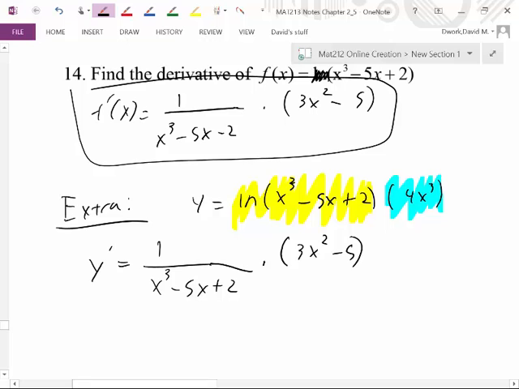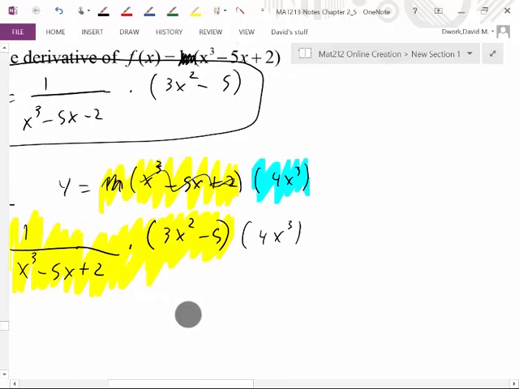And then now, this stuff here was just the derivative of the yellow, right? Because the 1 over stuff was the natural log part. Then we had the derivative of the inside, which was that part. Now we have to leave the blue part alone, which is 4x cubed.